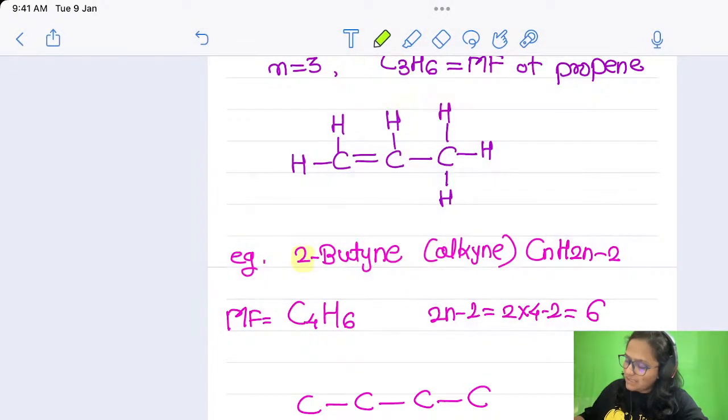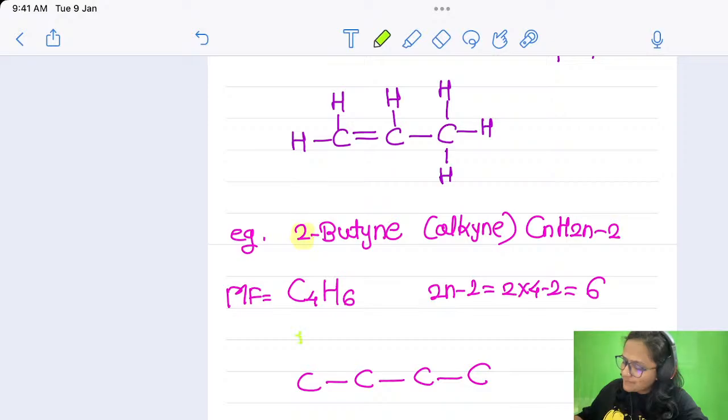I will start numbering from this side, or you can do it from this side also, there is no restriction. This is carbon number 1, carbon number 2, carbon number 3, carbon number 4, right? This is the numbering of the carbon chain. At carbon number 2, the triple bond starts, so the triple bond will be present like this, right?